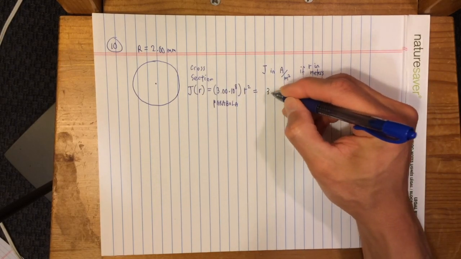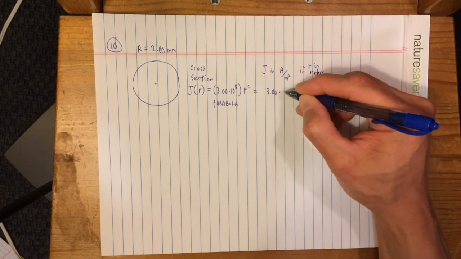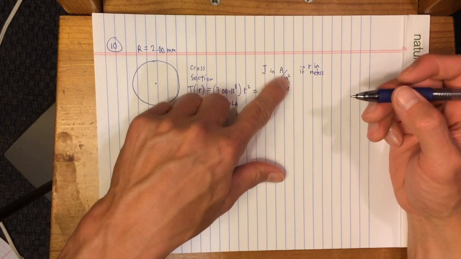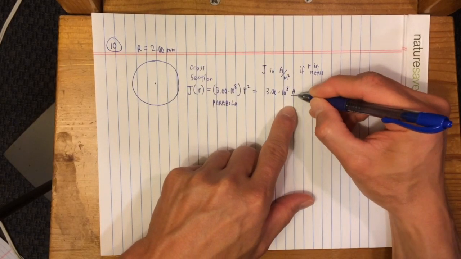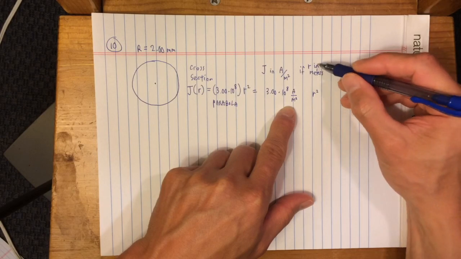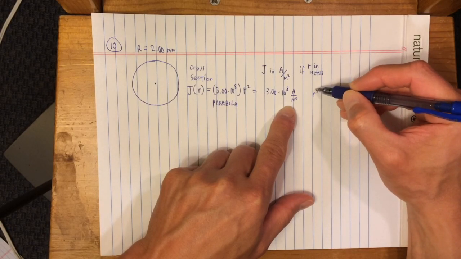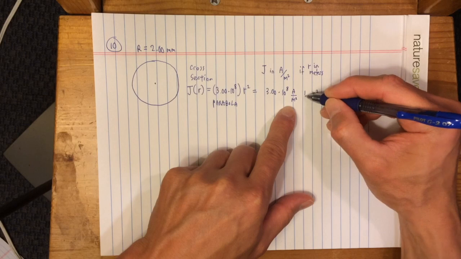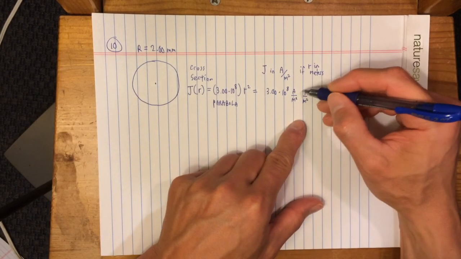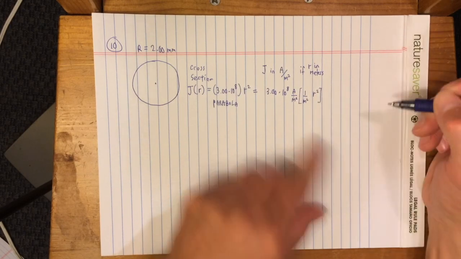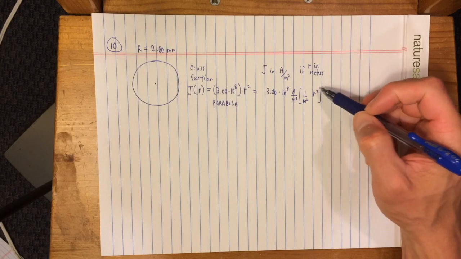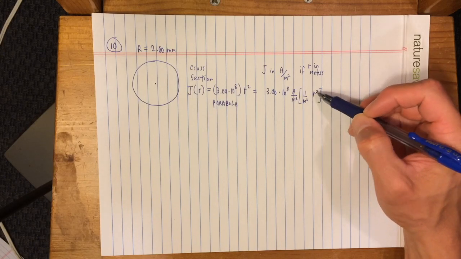So this is 3.00 times 10 to the 8th, it's going to return amps per meter squared, but I've got this r squared, and if I put r in meters here, what I need is an extra 1 over meters squared, because when I put in r in meters, I'll lose all the units.